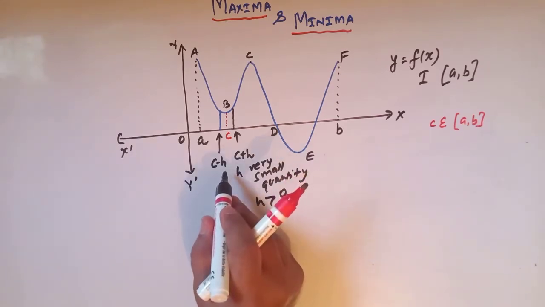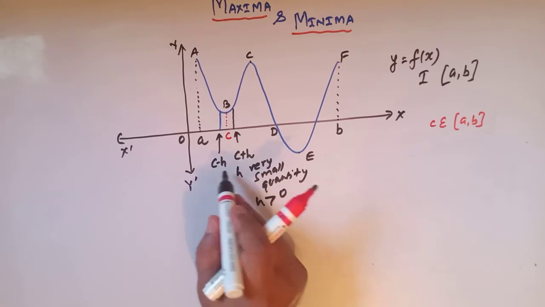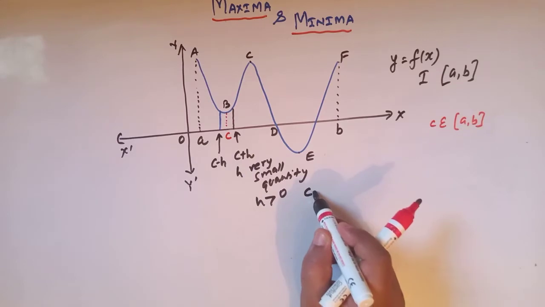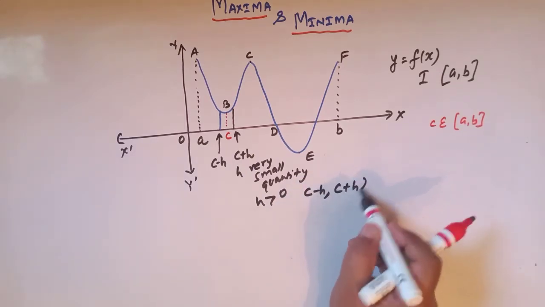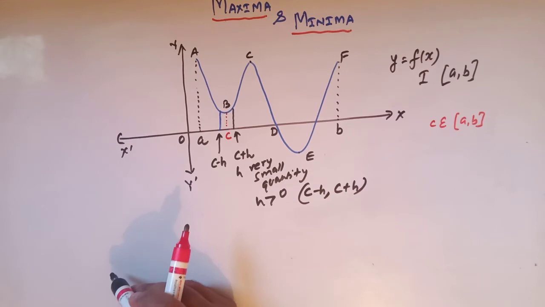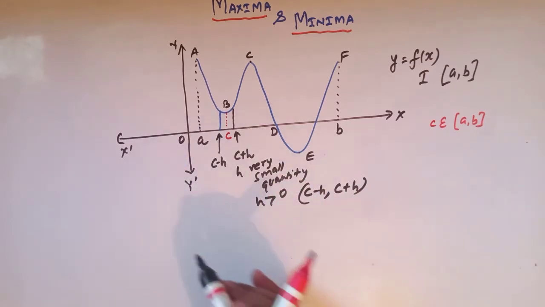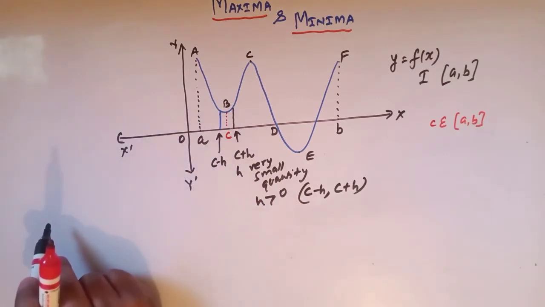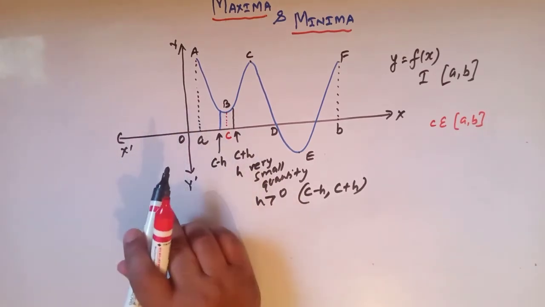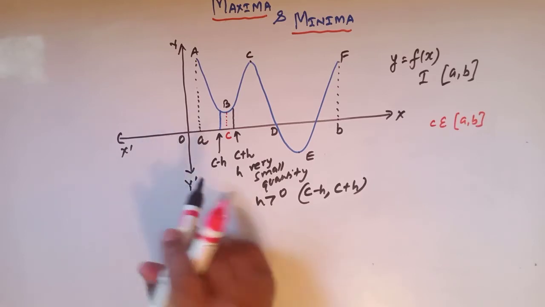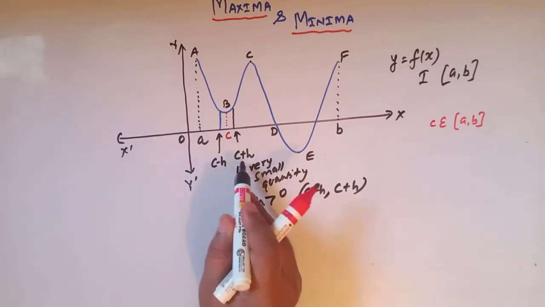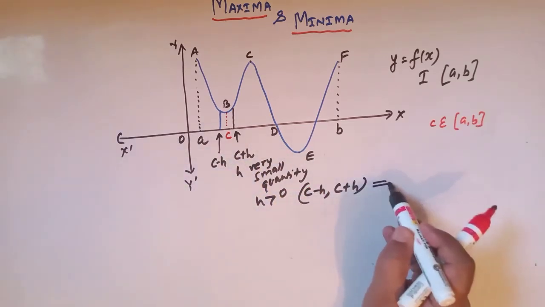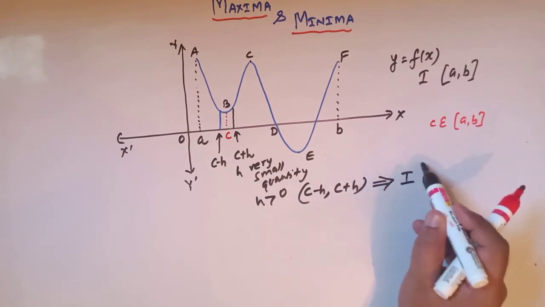Therefore we have created a small interval, C minus H to C plus H. Viewers, we are analyzing this graph, and we have taken one of the turning points, one point to the left, C minus H, and one point to the right, C plus H, and thus we have created an interval, say I prime.